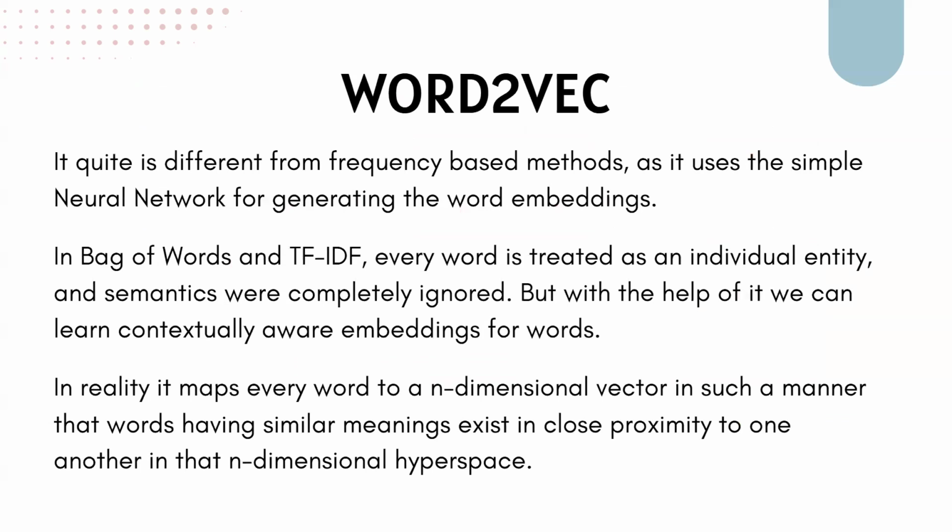So it is a neural network based approach. In reality, every word is mapped to an n-dimensional vector in such a manner that similar words which have the same meanings or the same context lie in close proximity to each other in the n-dimensional space.